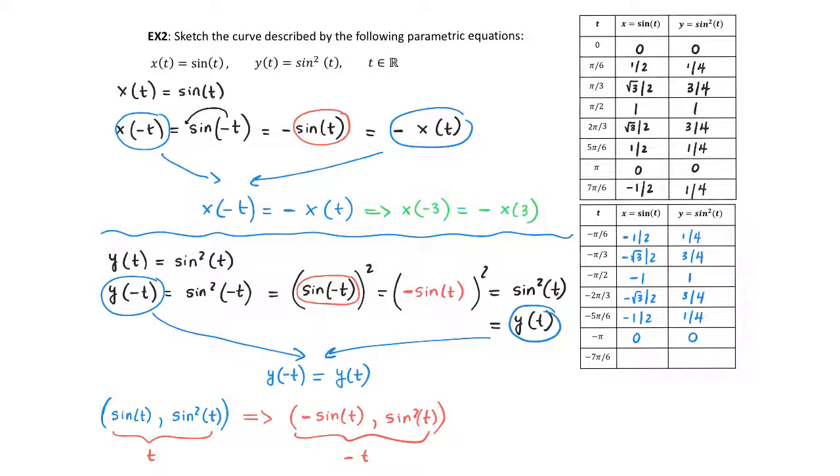Then on the last one, because I have here negative 1/2, here I'm going to have positive 1/2, the opposite of what I had before, but the y value remains the same. So now I have all of my coordinate points on the upper table and on the lower table.